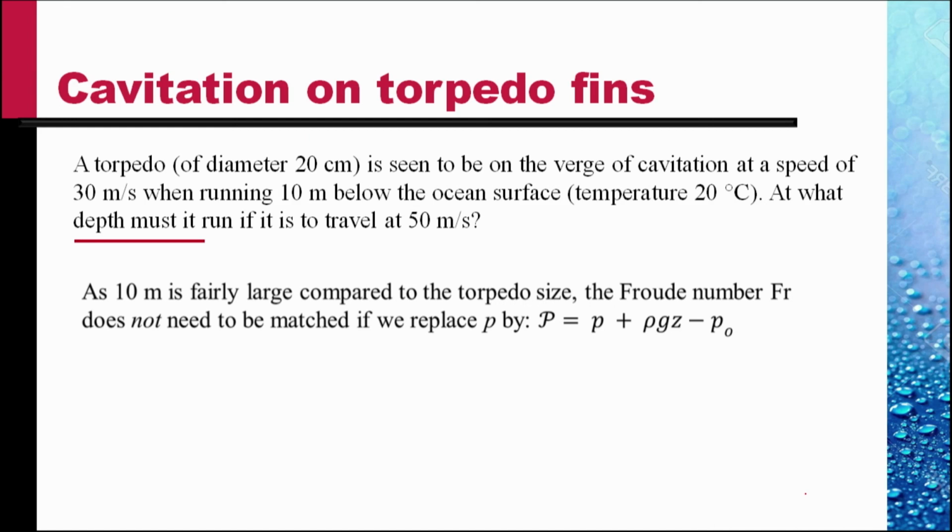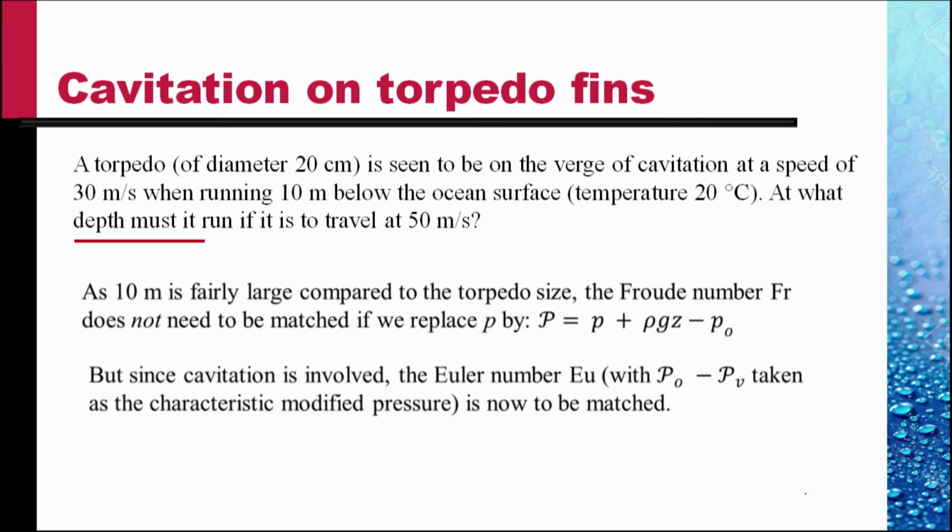As 10 meters is fairly large compared to torpedo size, the Froude number does not need to be matched, and we replace P by script P is equal to P plus rho Gz minus P naught, the non-gravitational pressure difference. But since cavitation is involved, the Euler number with script P minus P at the cavitation pressure taken as the characteristic modified pressure is now to be matched. So we have to match these two for prototype and model.